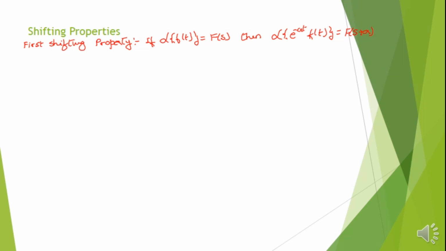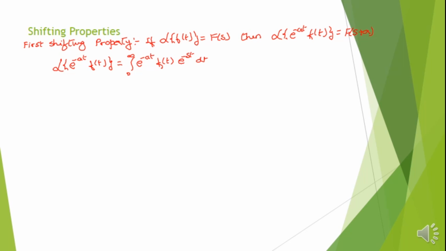So let us see the proof. Laplace transform of e to the power minus at f of t equal to, based on the formula, integral 0 to infinity e power minus at f of t e power minus st dt.